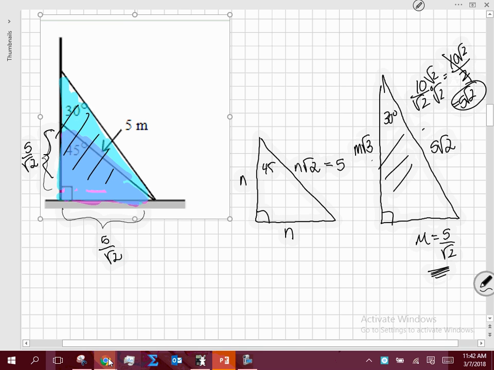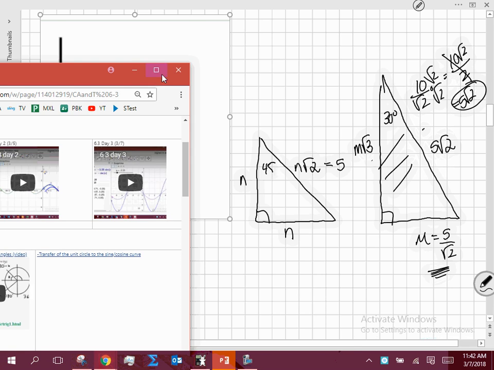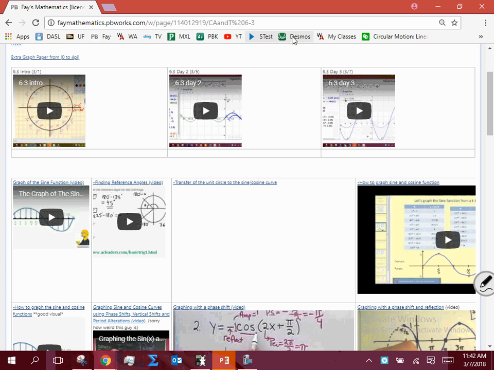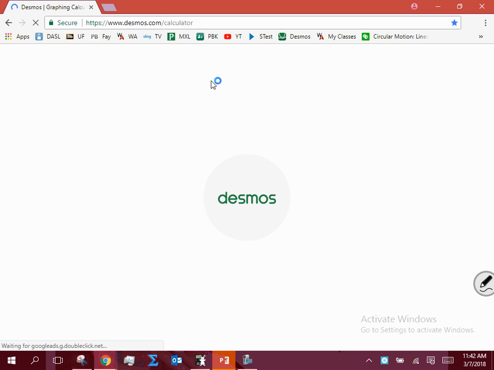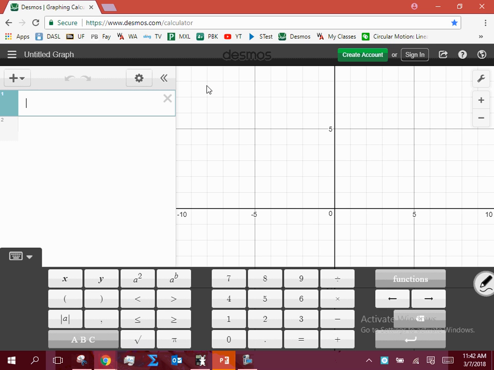Using my calculator, because that's what they want us to do, can we change this to a decimal? I'm going to encourage you guys as you're at home, when you have to convert something to a decimal, or whenever you're using your calculator, start using this calculator, okay? Don't use the handhelds. Don't use the one that we got downloaded on the computer.